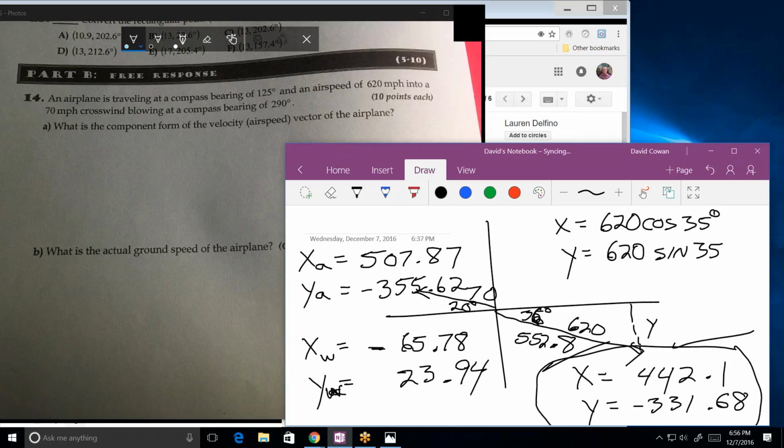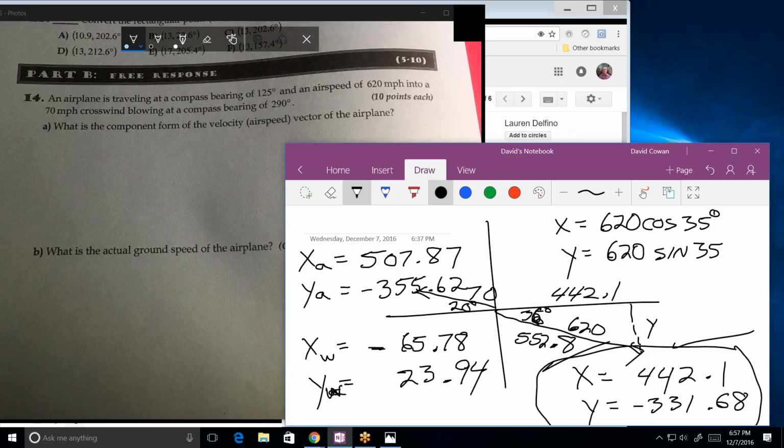So if I told you that an airplane was flying at 126-degree bearing at 552.8 miles per hour, and no wind at all, and that was the starting spot, you would break that down and find its horizontal and its vertical components. Its horizontal component would be 442.1.